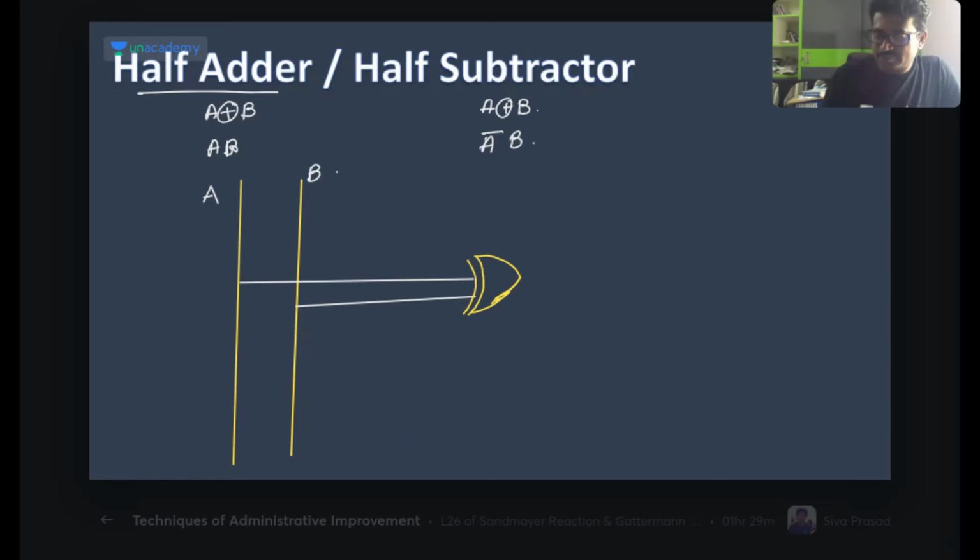Here we get A XOR B. Sum or difference, both are the same: we get A XOR B. Next, the carry will be AB, and here the borrow will be A bar B. How do we get this? For this purpose, I did a special arrangement.